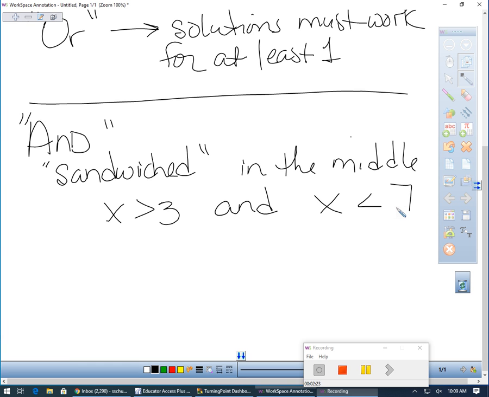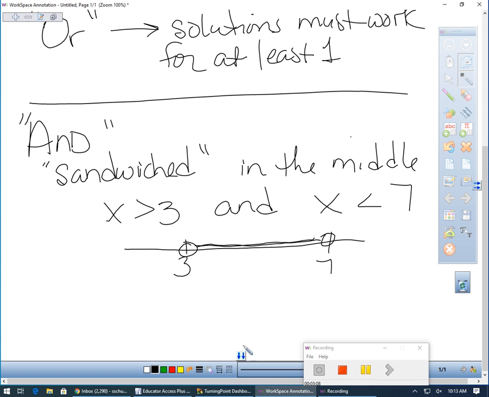So let's put this on a number line and see what this would look like. If I were to graph x is greater than 3, at 3, I would have an open or closed dot. It would be open, and of course, if it's greater than, it goes this direction, right? At x is less than 7, I would have an open dot, and it goes this direction. So you can see all the solutions that are going to work for this compound inequality are sandwiched between 3 and 7. That's what makes it an and. It's sandwiched in the middle. Okay? Still good?